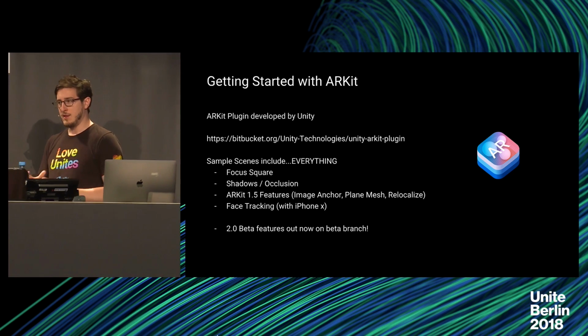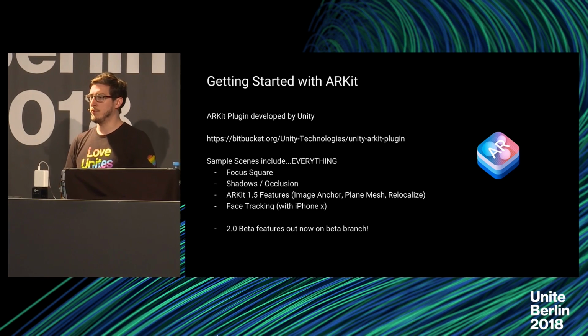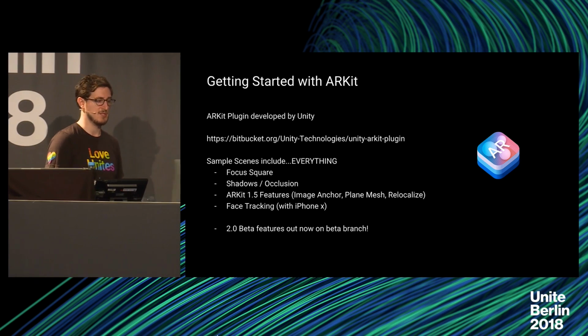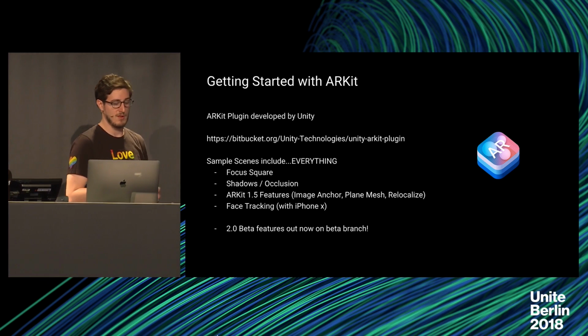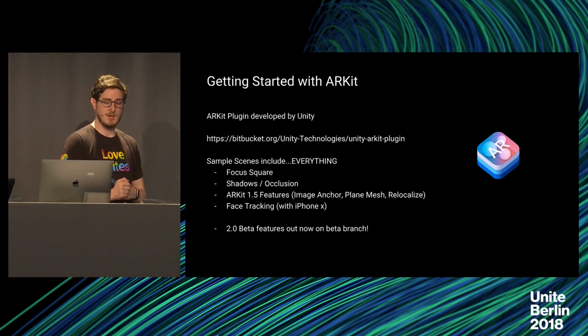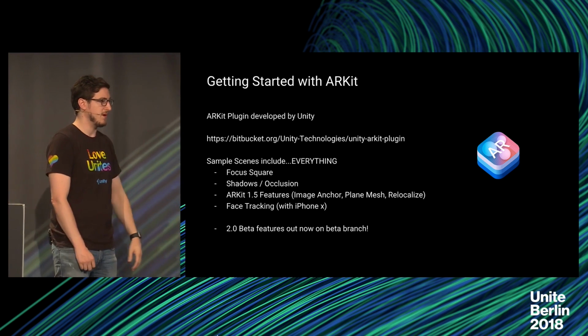Unlike ARCore, where the SDK is developed through our partnership with Google, our ARKit plugin is actually developed in-house by us. A lot of the heavy lifting has been done by an engineer back in San Francisco called Jimmy, and he puts all of the assets up on this Bitbucket link.